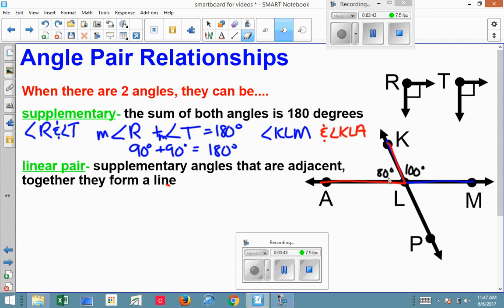Those two angles, if I add their measures, I do get 180 degrees. So that means that those two angles are what we call supplementary. They're supplementary angles. Now, that leads us to another term.